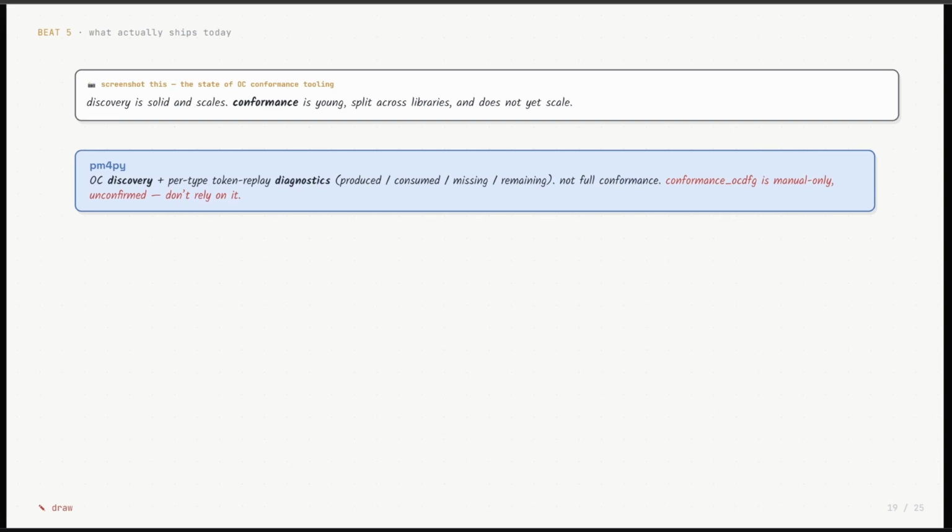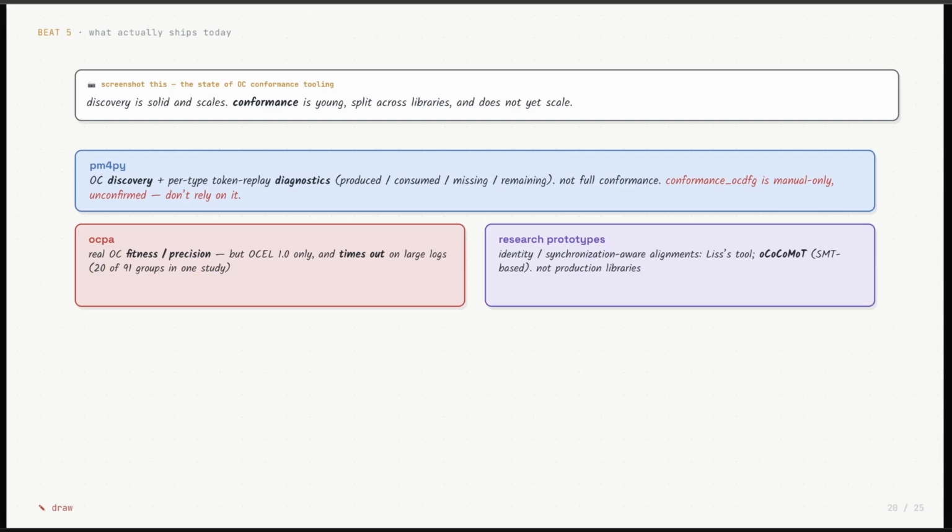The following function is manual only and confirmed, so you do not rely on it yet. It's not in the verified public API yet. So real object-centric fitness and precision live in a separate library. So it's OCPA.